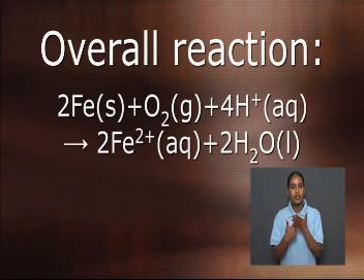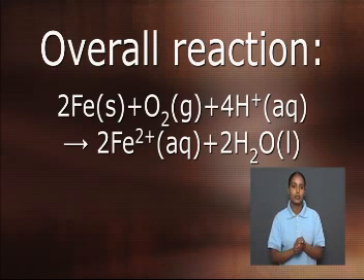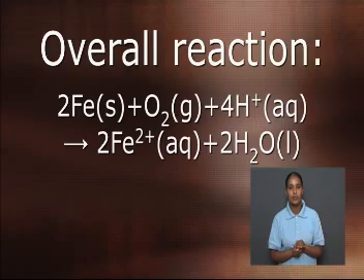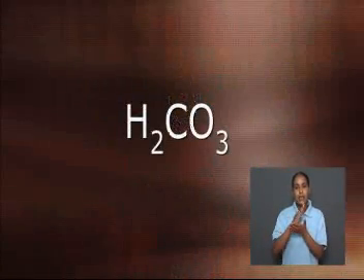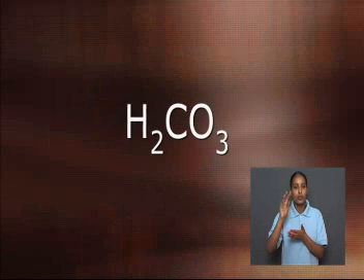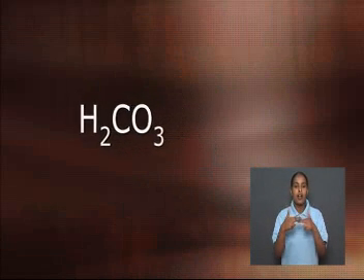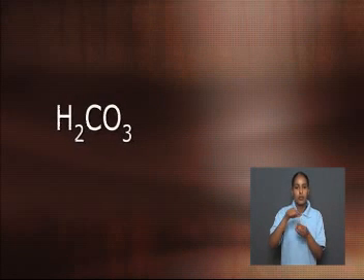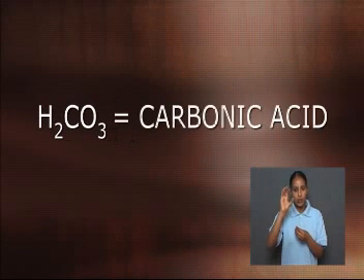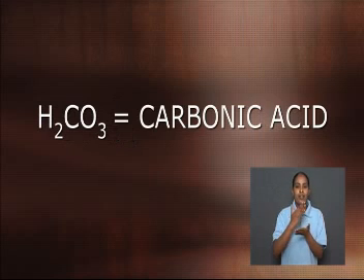This is the overall reaction. We must note that this reaction takes place in an acidic medium, and the hydrogen positive ions are partially supplied by the reaction of atmospheric carbon dioxide with water to form carbonic acid.